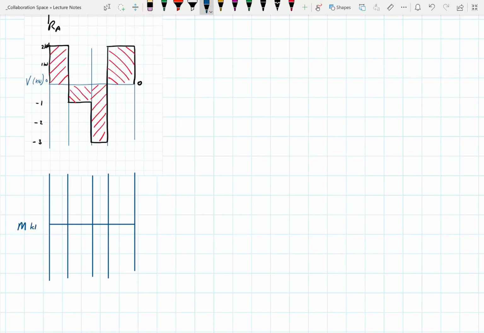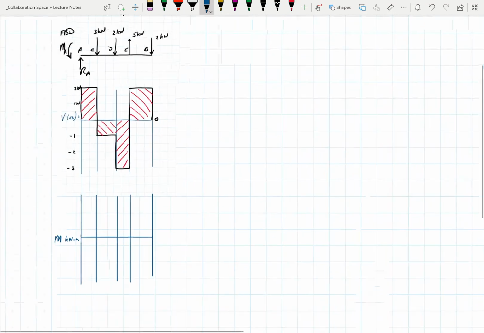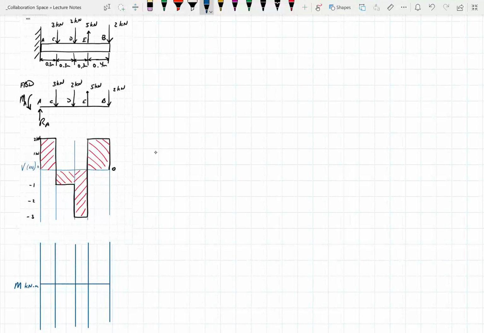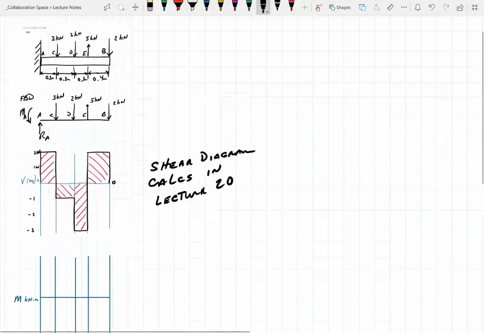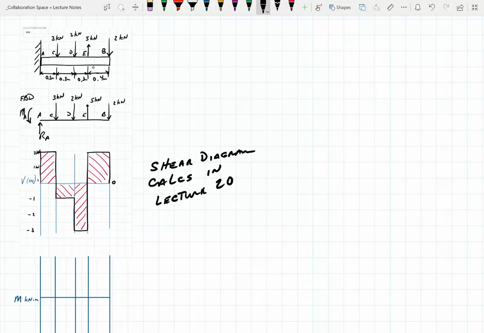This is going to be in kilonewton meters. And what we're going to look for is the maximum moment here. Okay, so I'm going to put a little note here. Really at this point, we can still play with the numbers up here in the free body diagram, but we kind of got them all down here.